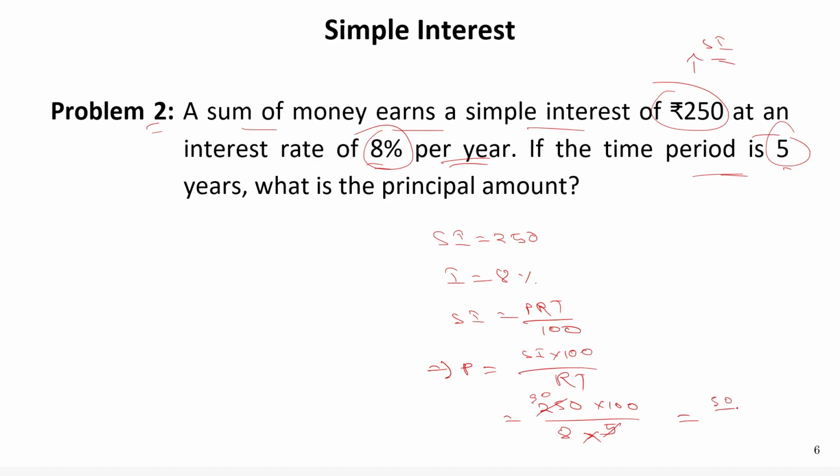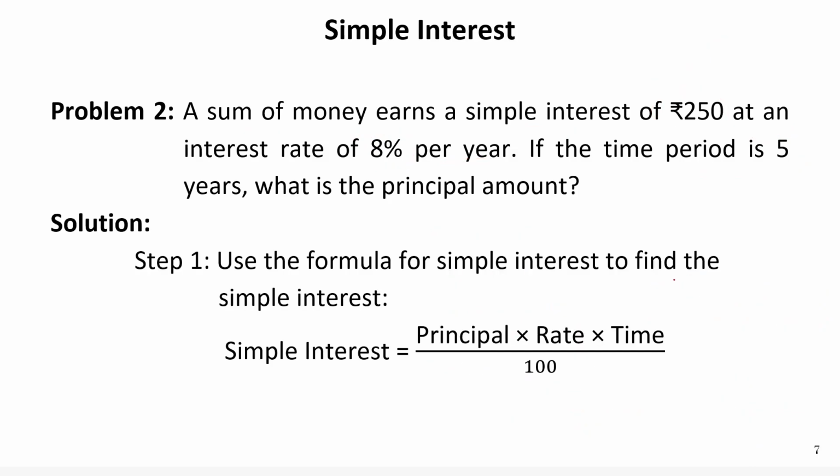So 50 by 8 into 100 is equal to 25 by 4, which is 12.5 by 2 into 100. This is equal to 1250 by 2, which is 625. So 625 must be the principal amount.